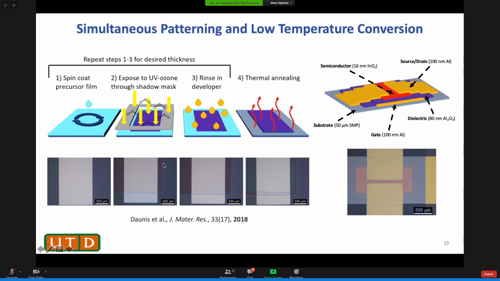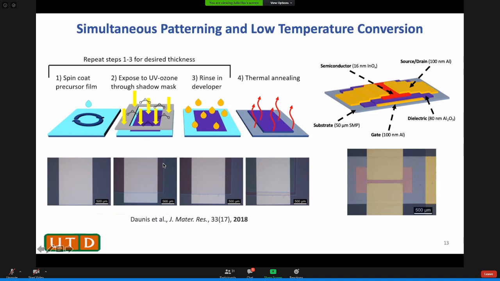This is a spin-coated precursor film. This is after UV ozone exposure. You can see it, especially on the metal, because the index and the thickness has changed. And then this is after rinsing off, the part that did not see light got rinsed off.